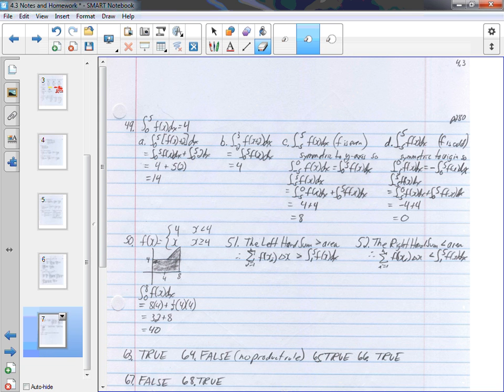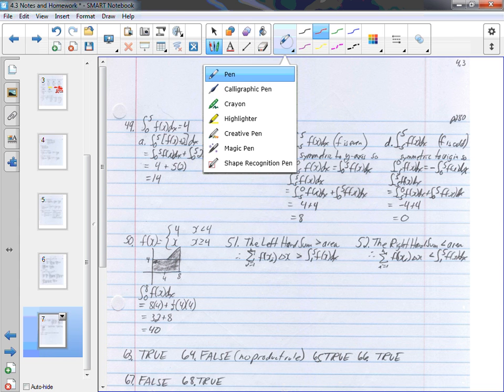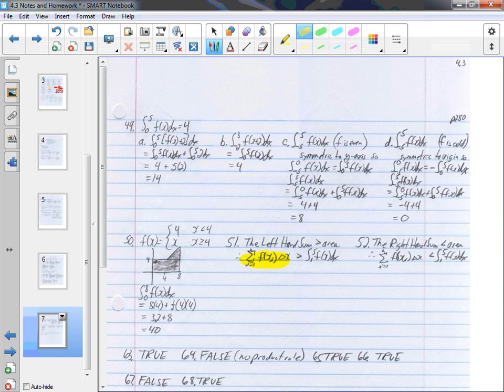All right, 51. They give us a graph on page 280, and we're supposed to use that figure to put a less than, greater than, or equal symbol between them right there.